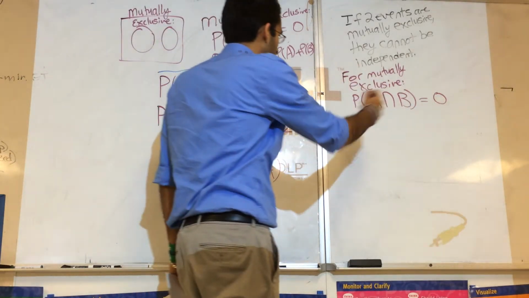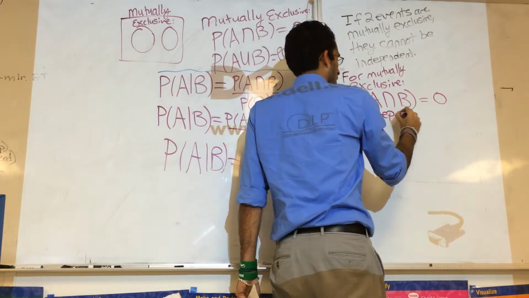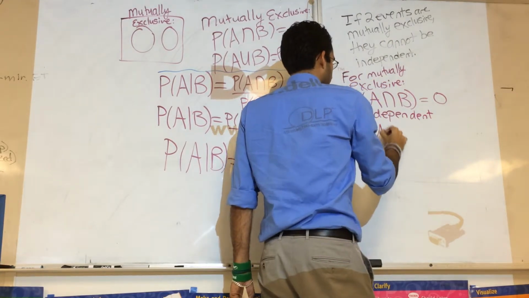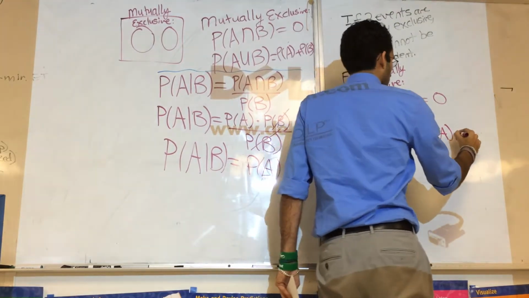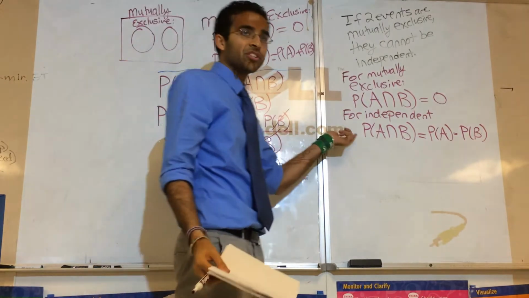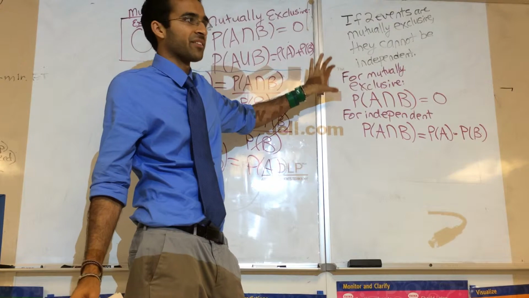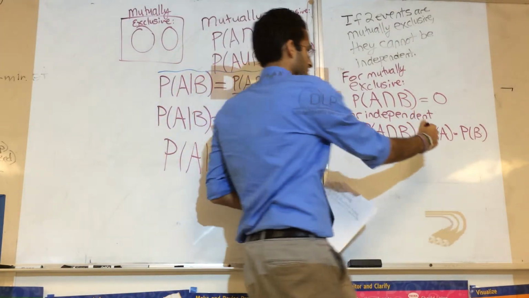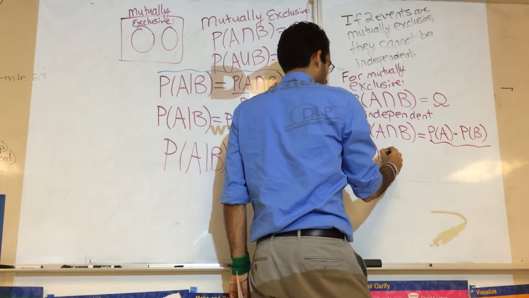And we just said that for independent, the probability of A and B equals the probability of A times the probability of B. We just said this is true for independent. That was rule number 2. We said this is true for mutually exclusive. That's a fact. So if mutually exclusive events could be independent, then this has to equal this, which would look like this.